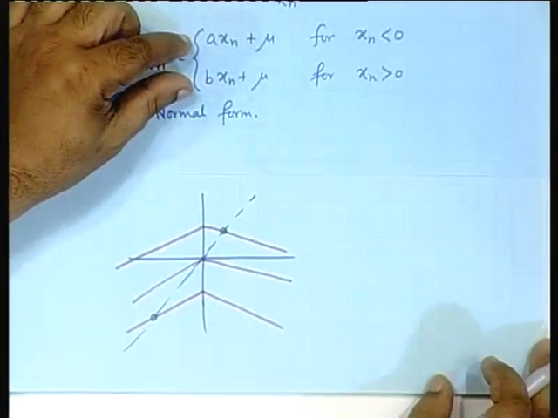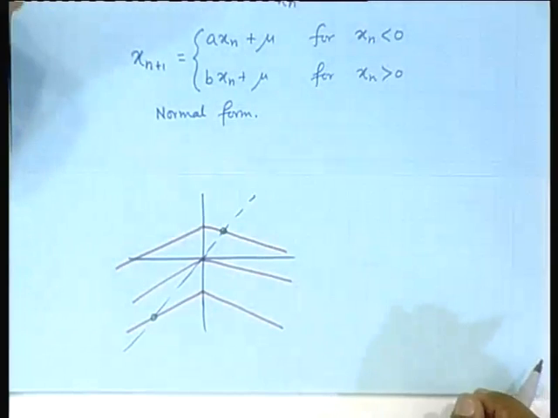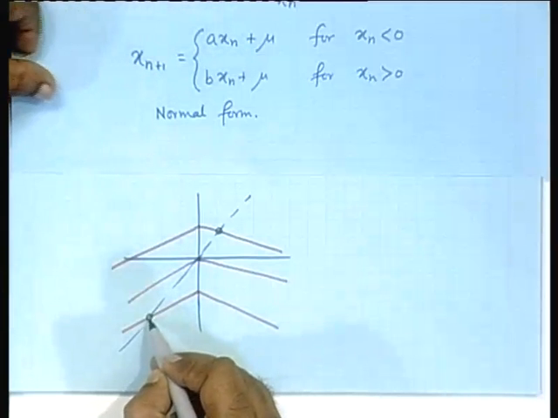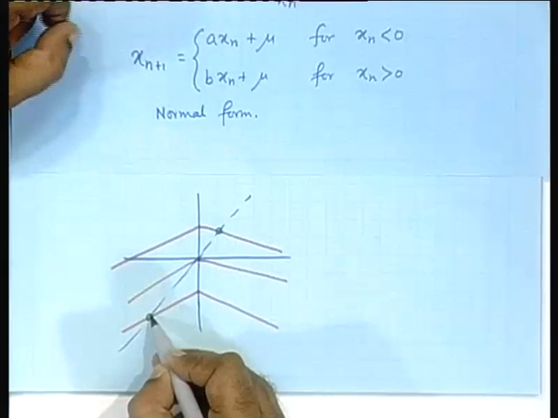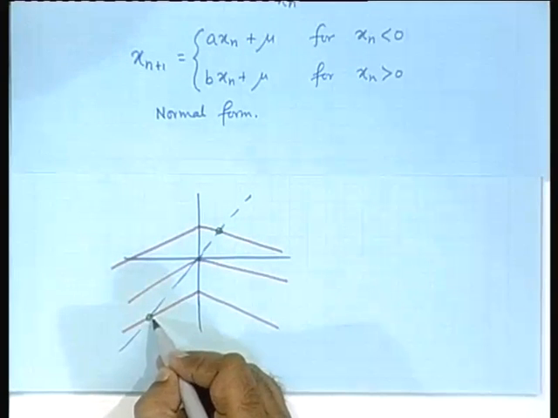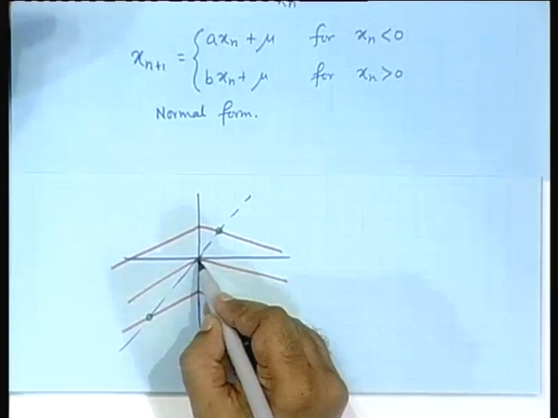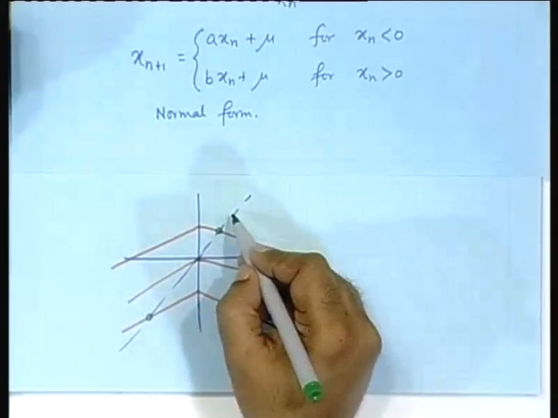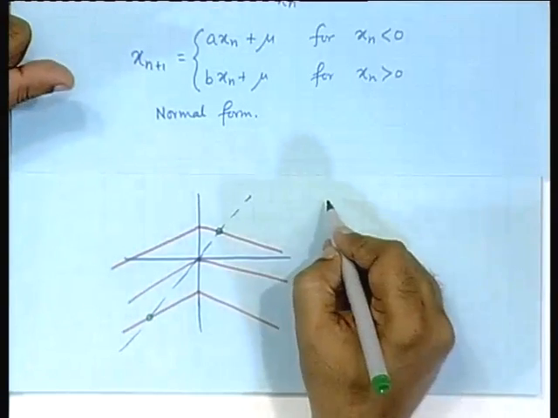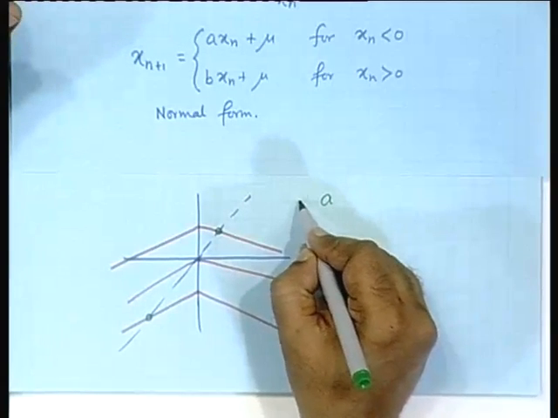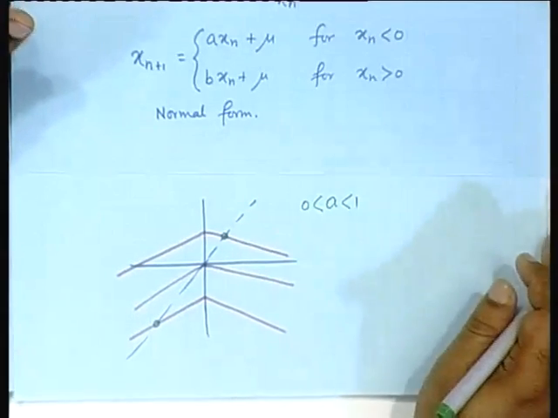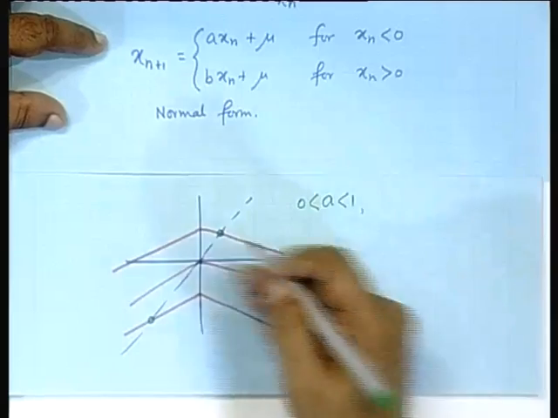So, depending on the value of A and B, we can then identify the different bifurcations that will take place. For example, in this case, what will happen? While mu was negative, the fixed point was given by the slope A, and when mu was positive, the fixed point is given by the slope B. In the way I have drawn, A is positive, so between 0 and 1, and B is negative.